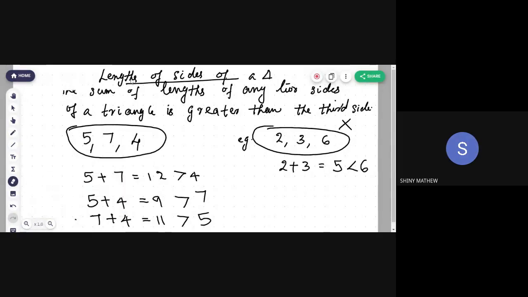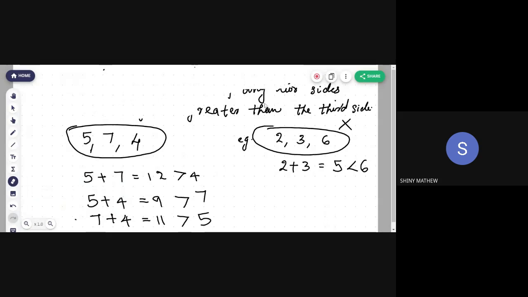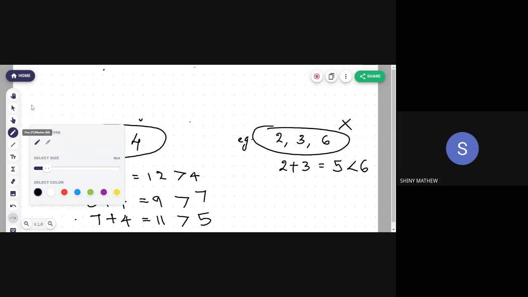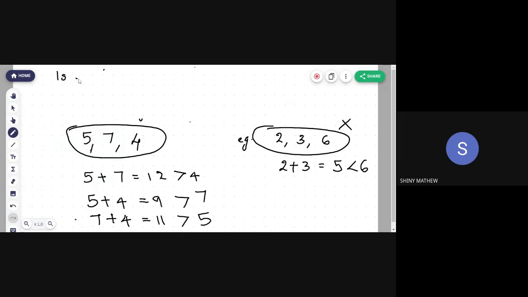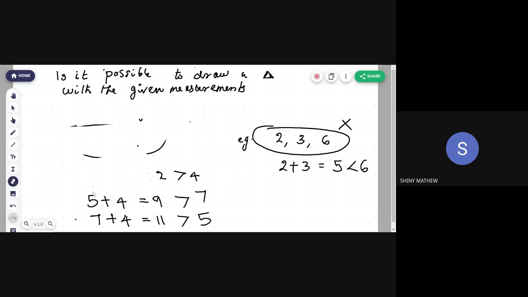Those who completed, they can write one question: Is it possible to draw a triangle with the given measurements? Okay, then you can give some questions.